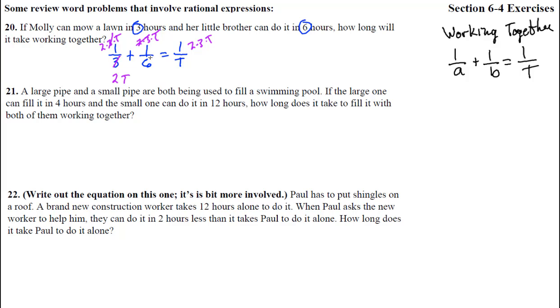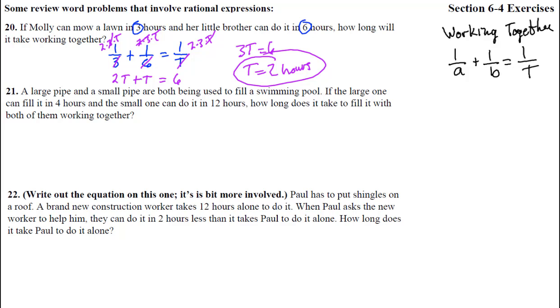The 2 times 3 will cancel with the 6, and we get plus a t equals, and the t's cancel, and we get 6. 3t equals 6. T equals 2. Look how slick that was. So 2 hours. If Molly and her brother work together, the lawn will be mowed in 2 hours. Excellent. Good use of this formula.